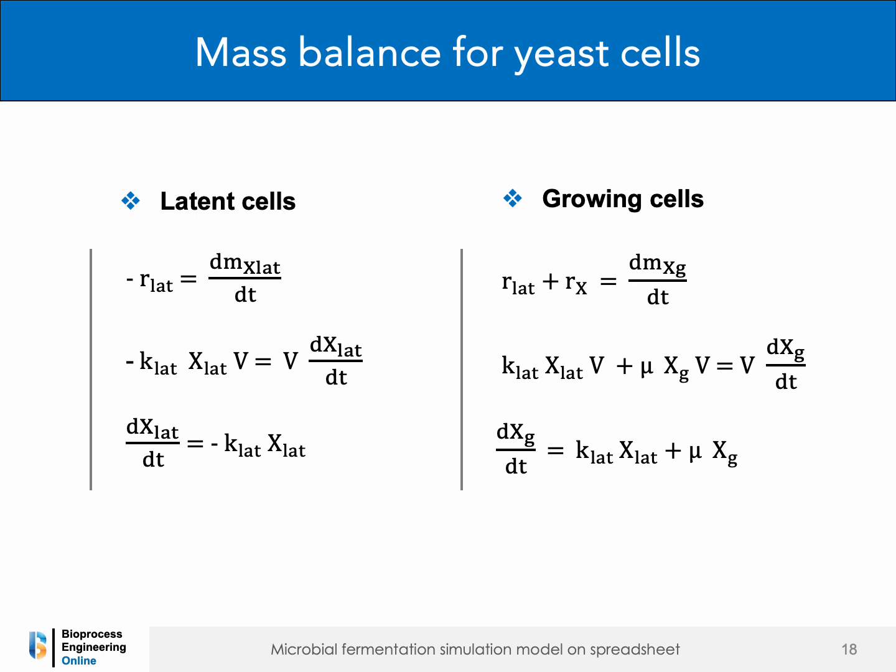Introducing the medium volume V and the specific growth rate mu, the balance relation becomes K_lat x_lat V plus mu xg V equals V dxg over dt. Thus, the differential equation describing the time variation of the growing yeast cell concentration is dxg over dt equals K_lat x_lat plus mu xg.